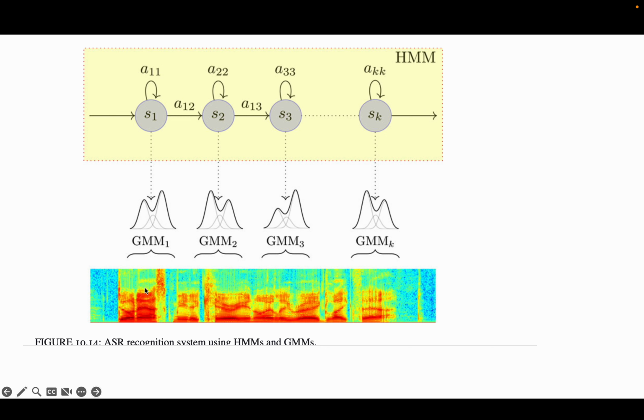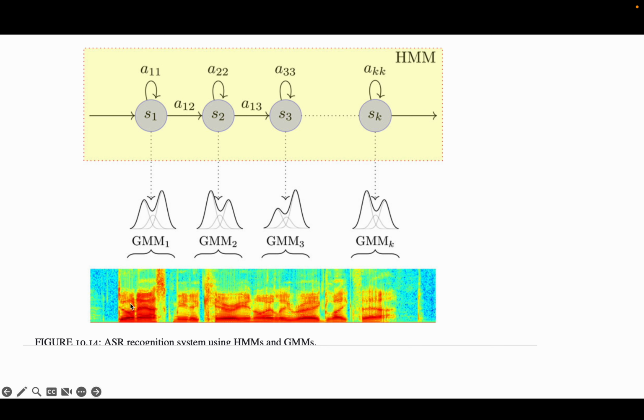Each of these formants has a Gaussian. If we look just at GMM1, here's our word, and it has 1, 2, 3 easily observable formants. Among those observable formants, there's a probability.